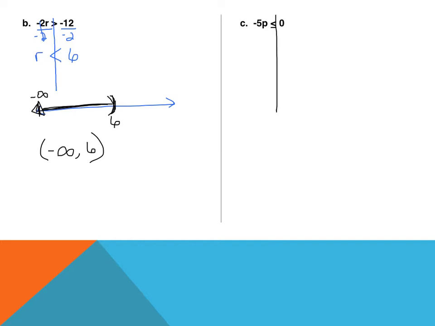Alright, and then C, negative 5 times p is less than or equal to 0. Divide by negative 5. Anytime I divide by a negative, I should automatically go ahead and switch the symbol. So then that gives me p is greater than or equal to 0 over negative 5.